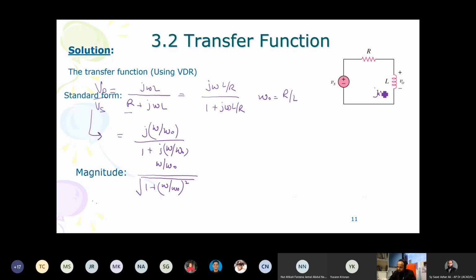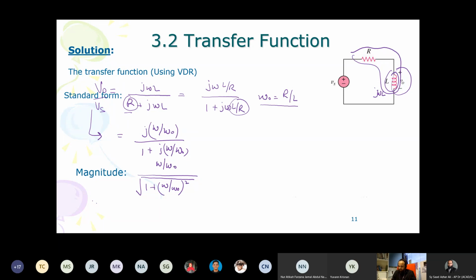Once again, we applied VDR: V naught upon Vs equals this impedance upon the sum of impedances, and then we did this in standard form. Taking R common, it is j omega L upon R over 1 plus j omega L upon R, with omega naught equal to R upon L. So this is j omega upon omega naught over 1 plus j omega upon omega naught.